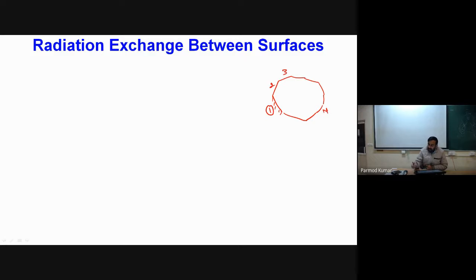I have n number of faces, and this is one of the faces, say which we want to actually study, this ith face. So what I want to do is I want to determine what is the value of QI, okay, and how that is actually associated with the other surfaces. Okay, so to do so, let me first consider that AI is area of the surface, TI is temperature, and say total irradiation from all the directions on this surface is nothing but GI.